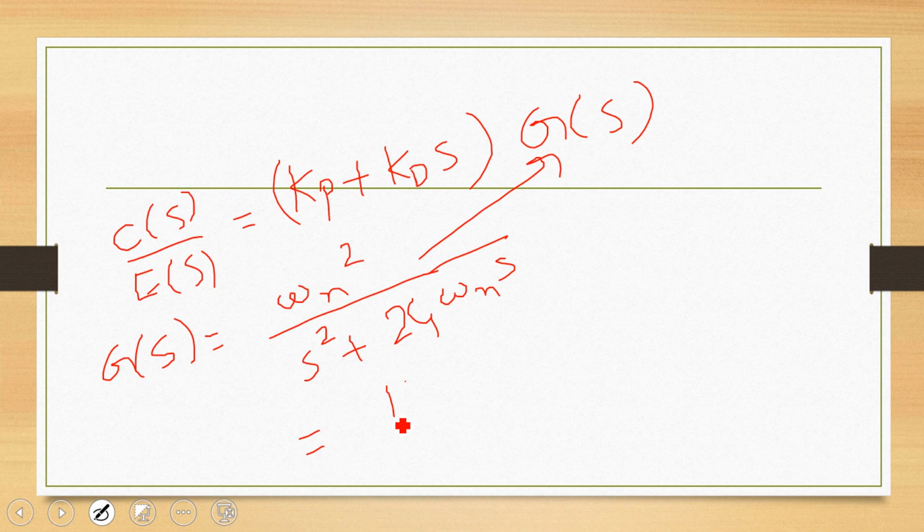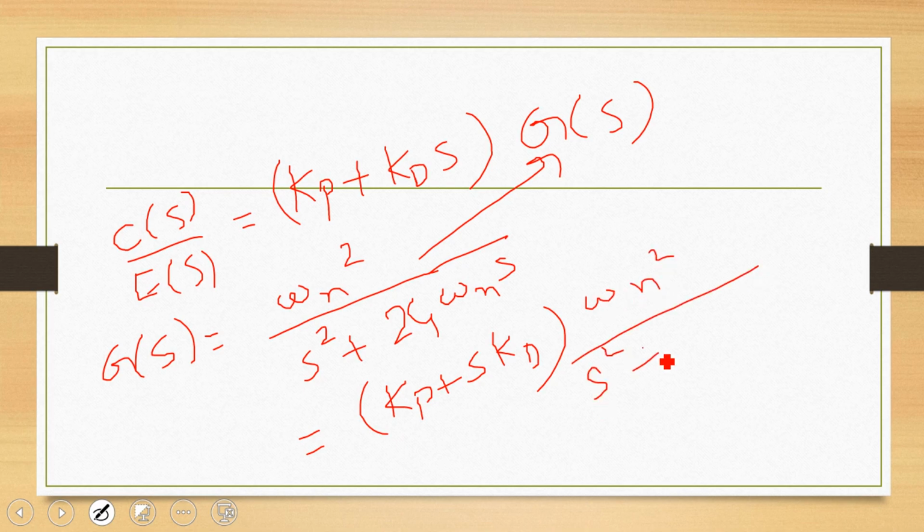So we get Kp plus S into Kd into omega n square divided by S square plus 2 zeta omega n into S.